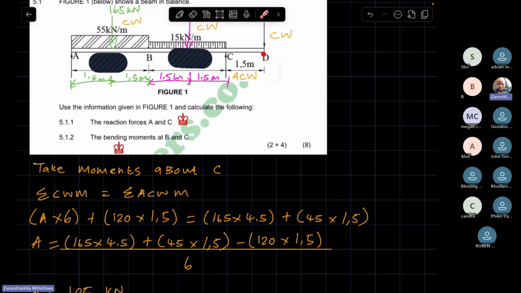All right. And then when it comes to calculating the bending moments at the other critical points, the simplest approach is to consider either forces on the left of that point or forces on the right of that point.